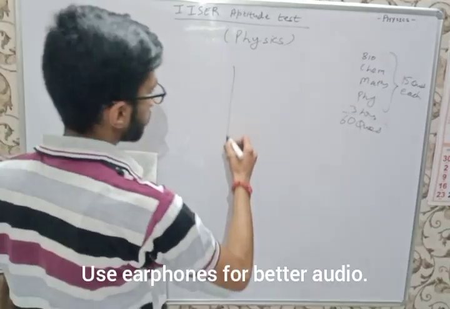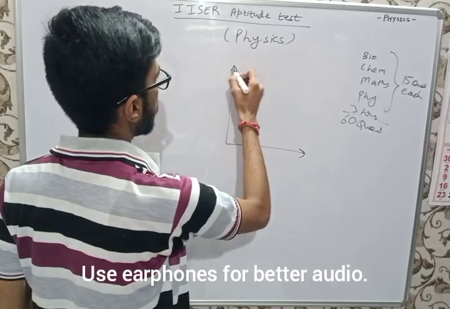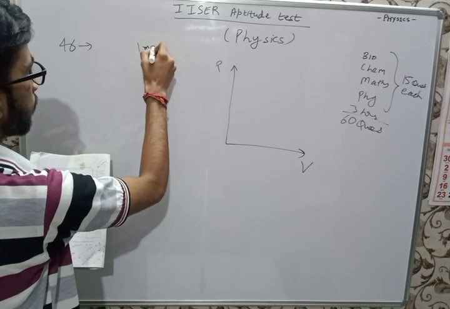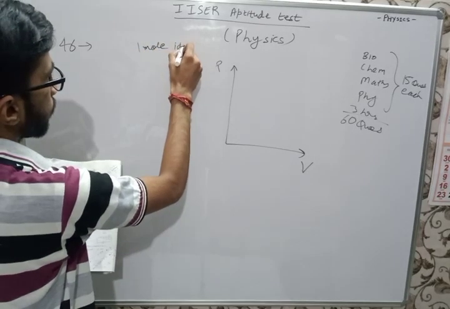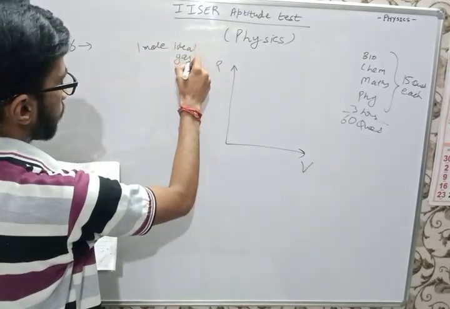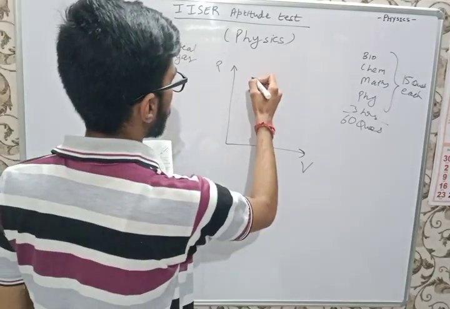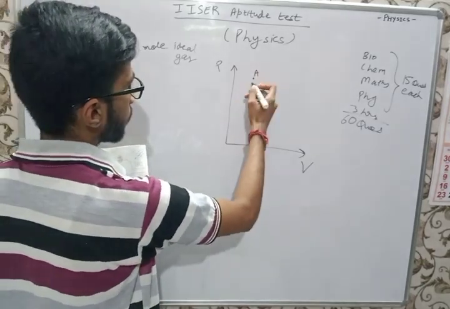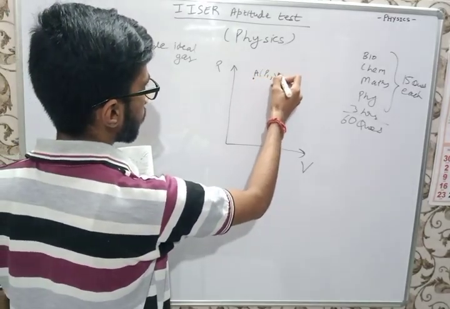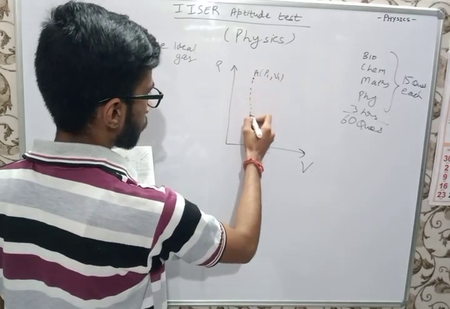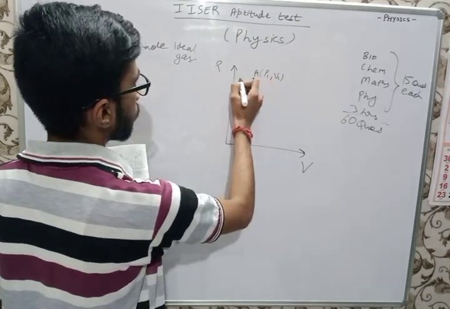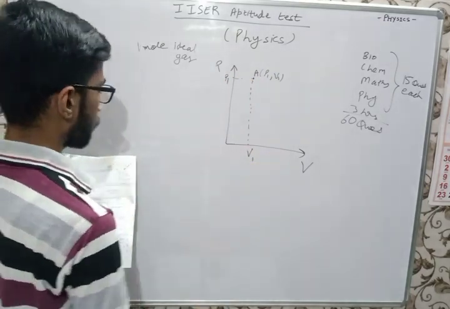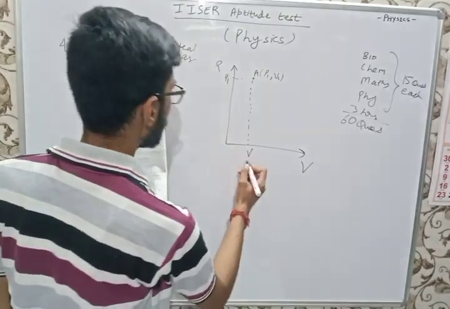You have a PV diagram of 1 mole ideal gas. The state of the gas was at A, P1 V1. So this point corresponds to P1 and this point corresponds to V1, or here it is VC.